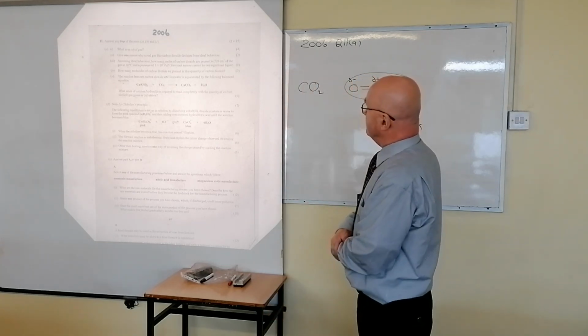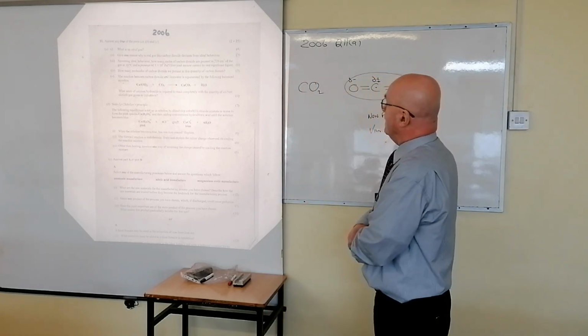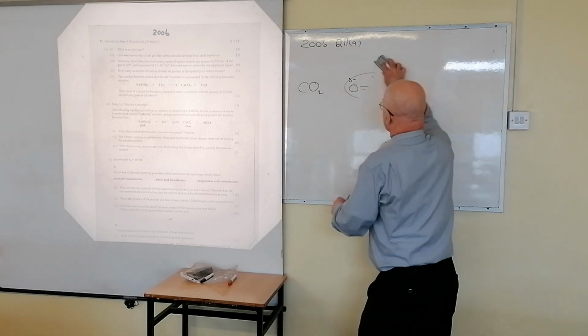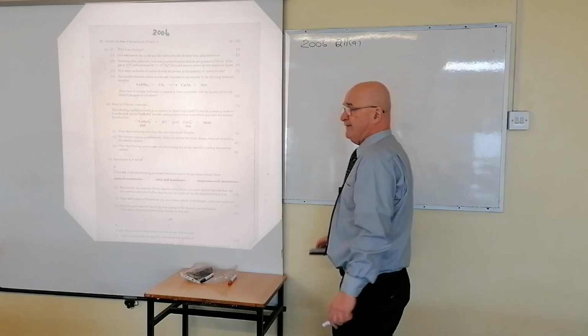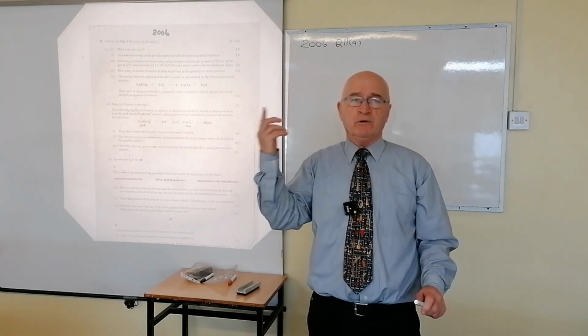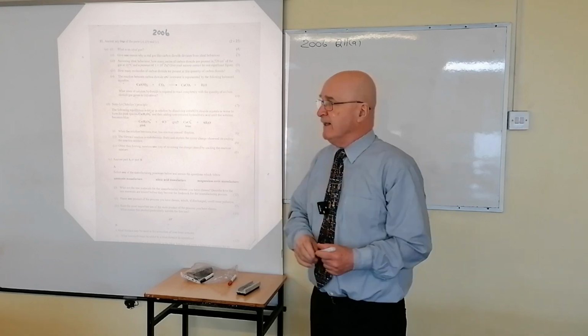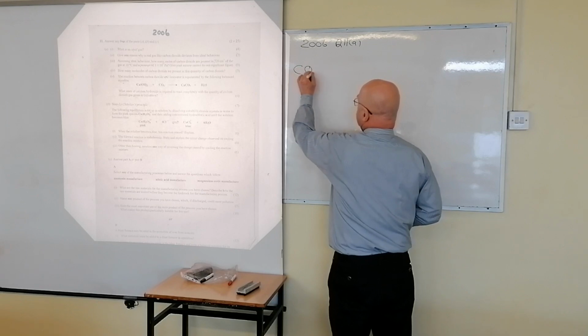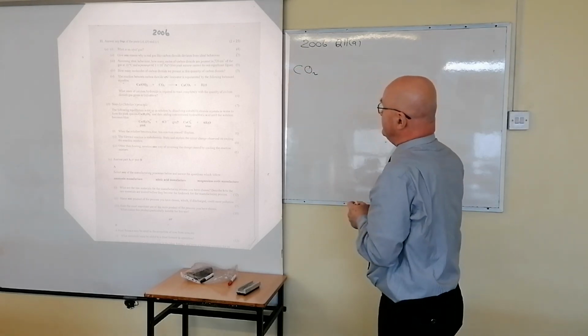Assuming ideal behavior, how many moles of carbon dioxide are present in, and they've given you data here now that you have to work with. Now, as I advised you in the last unit, take down the data from the question on your manuscript in the exam, okay? So you're talking here about carbon dioxide. I'm just making a note of the fact it's carbon dioxide. It's irrelevant other than that.